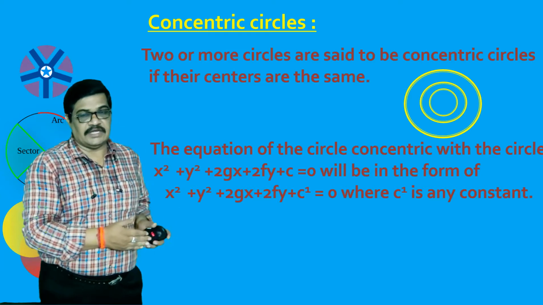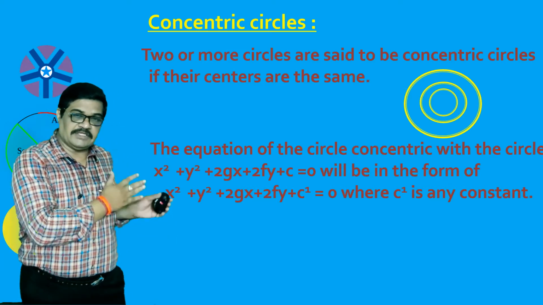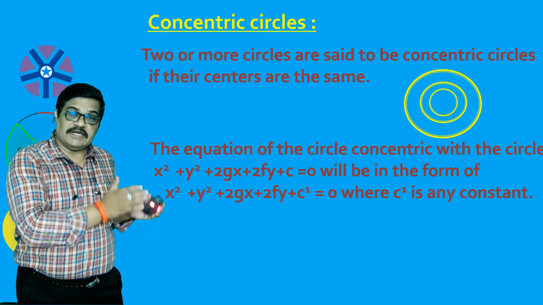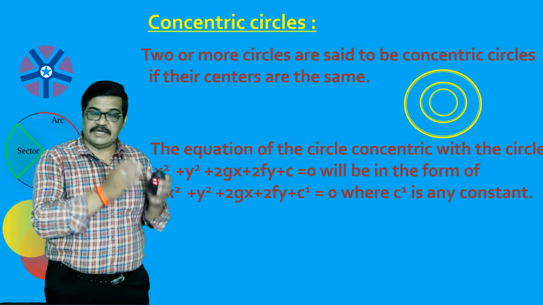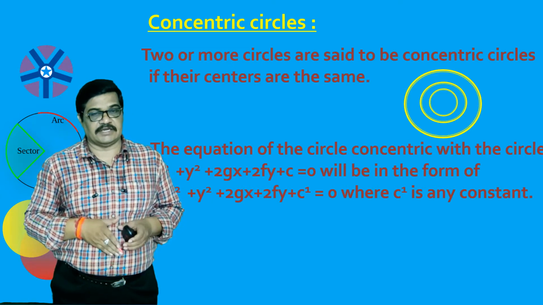For these two circles, only the constant differs. The remaining part is same. Why? The centers are the same. So these circles are concentric circles.